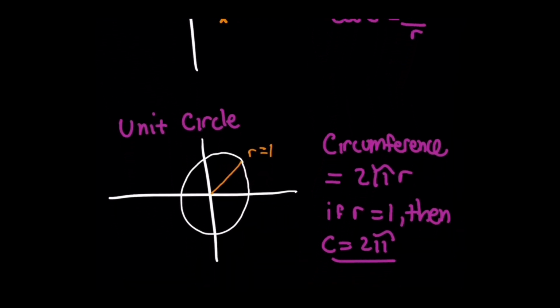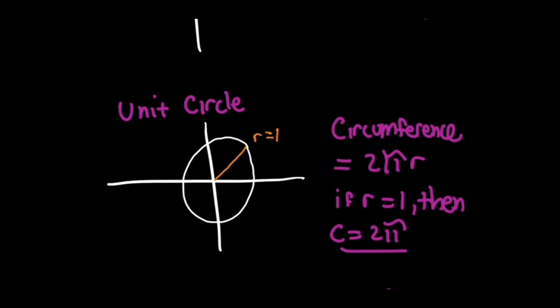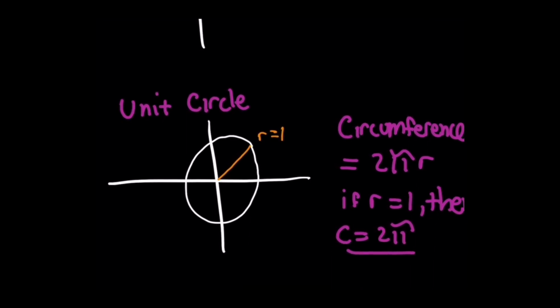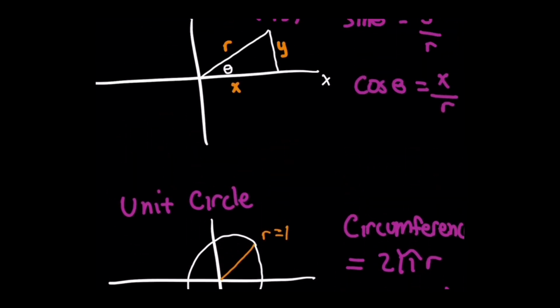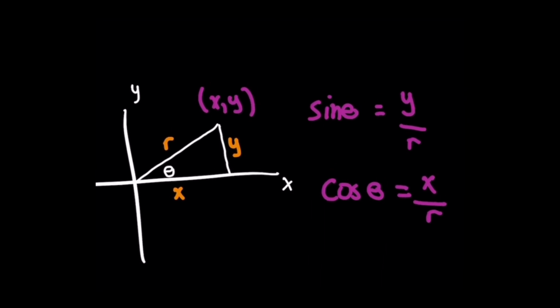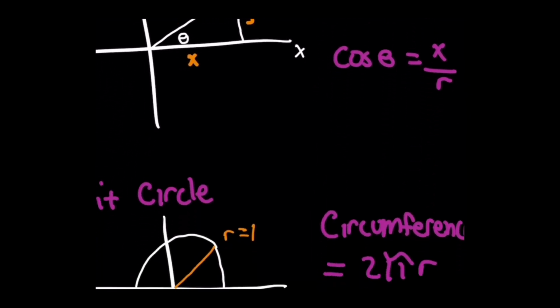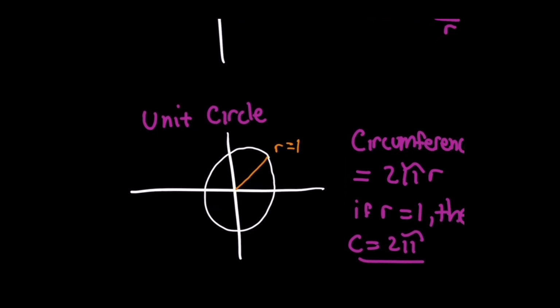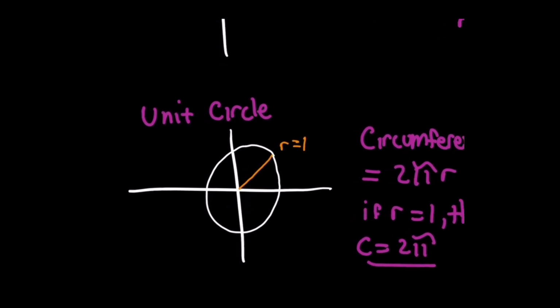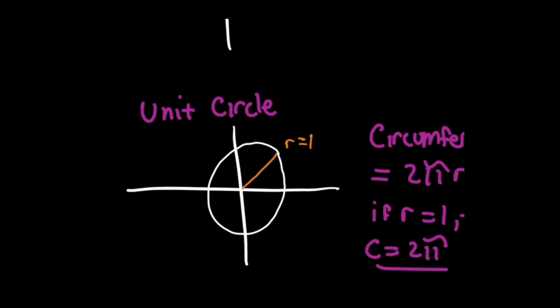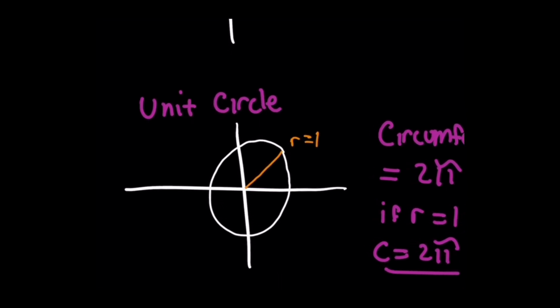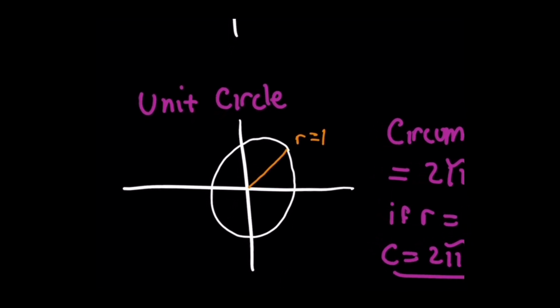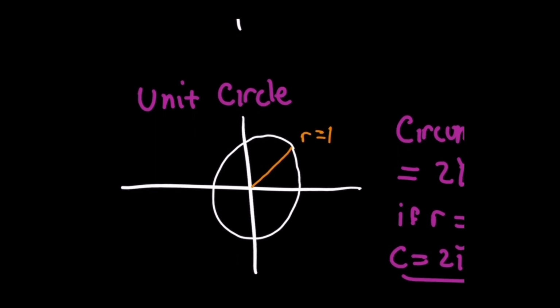What do I mean? Because when we are dealing with degrees above, we're talking about the interior angle that this triangle is making with respect to the origin. But with the unit circle, it's a little bit different. This is going to help you to understand radians. With the unit circle in particular, the way it's different from a general circle is that the radius happens to be 1.